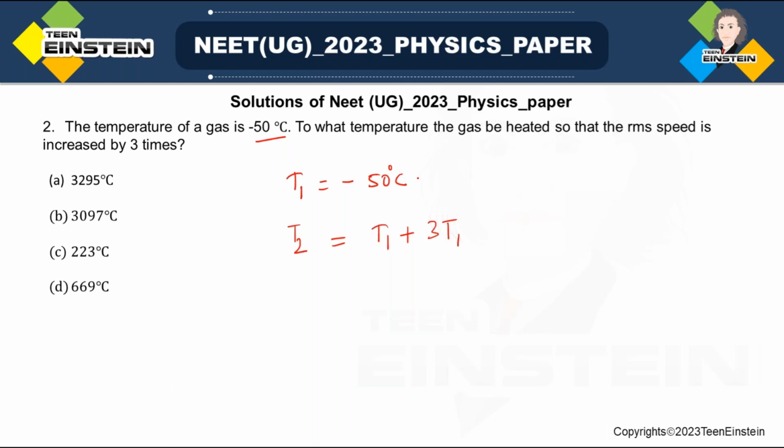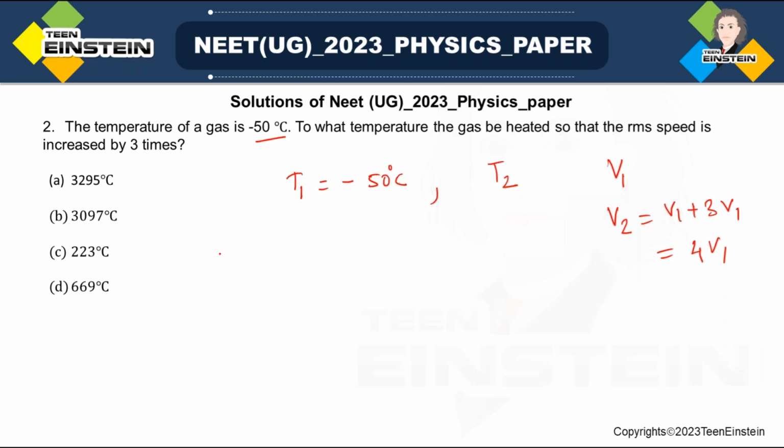I'm sorry, this is V, velocity. You have to find the T2 at which, if the RMS speed was V1 when the temperature is minus 50 degrees centigrade, then V2 will be equal to V1 plus 3 of V1. That means 4 of V1.